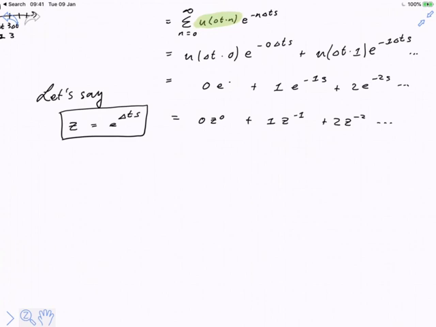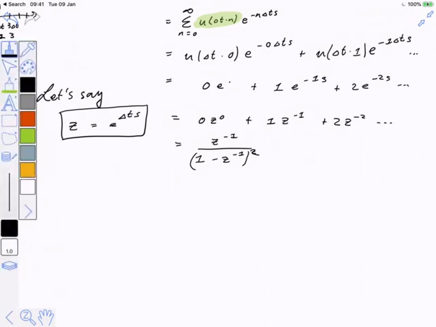Infinite series are hard to handle, and so we want to write that in a finite form, which for the numbers that I'm using now, so delta t is equal to 1, and u of t is equal to t, we end up with this expression: z to the minus 1 over 1 minus z to the minus 1, squared.